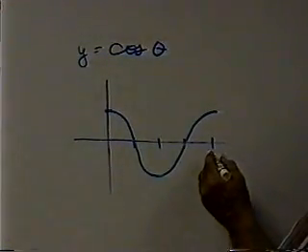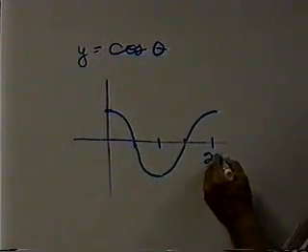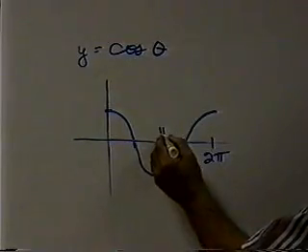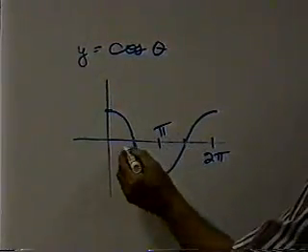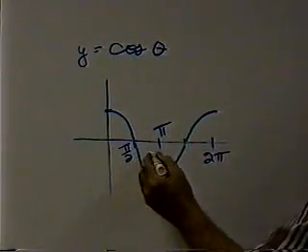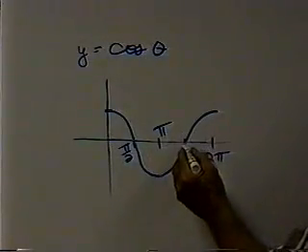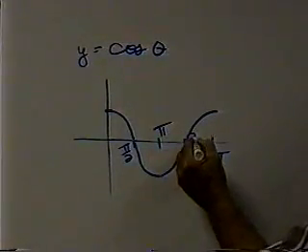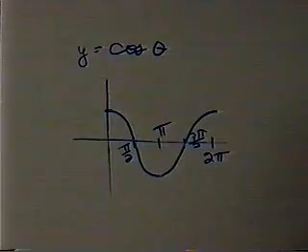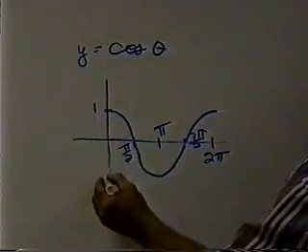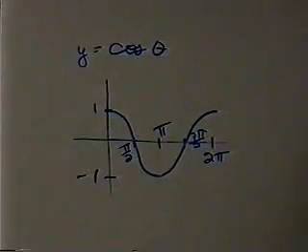Okay, last step, plug in the numbers. So we'll put 2 pi here. Half that is pi, 180 degrees. Half that is pi over 2. And then this added to this is 3 pi over 2. And this is 1 and a minus 1.